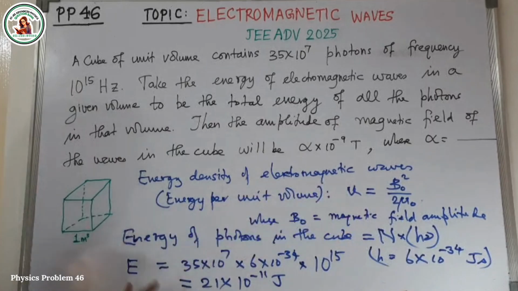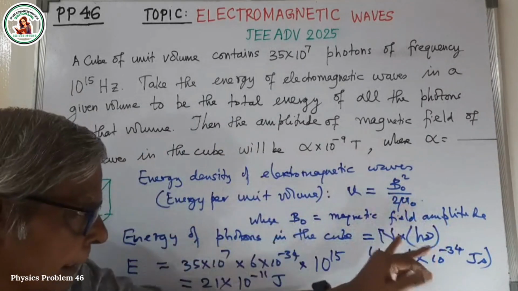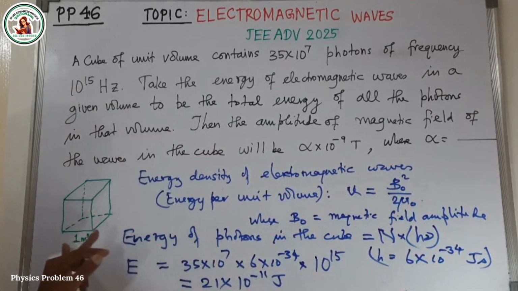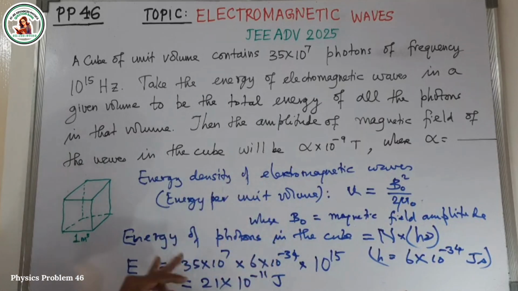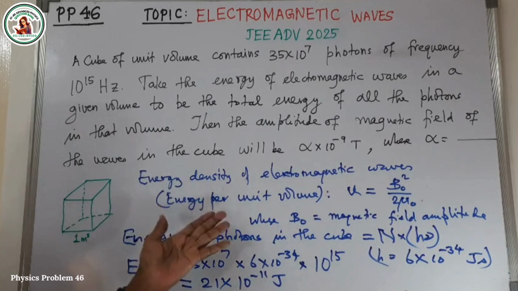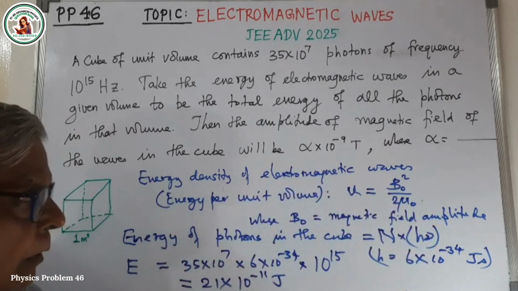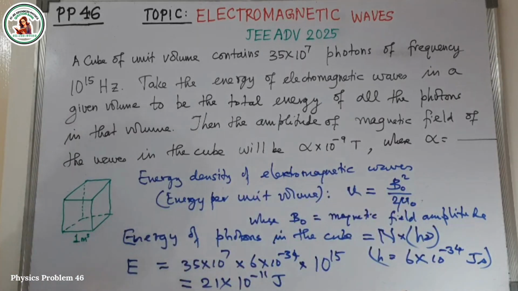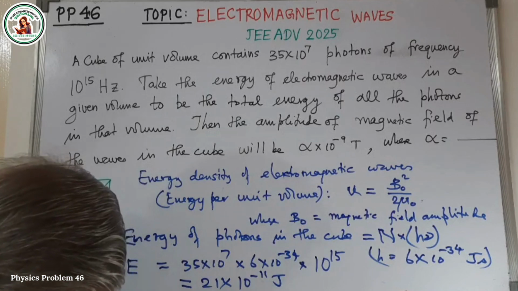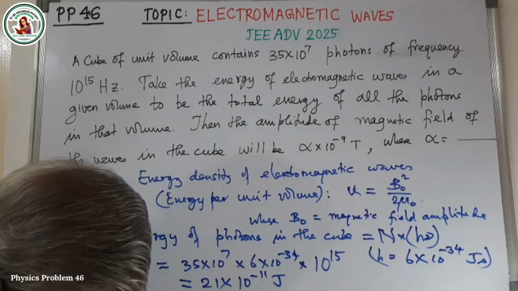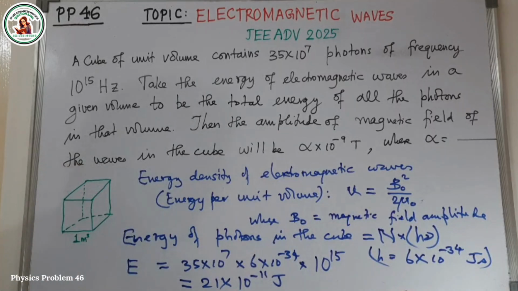This u and E are the same because this cube is of 1 meter cube. So the energy in 1 meter cube is the energy density. So u equal to E. I will continue after clearing the board.